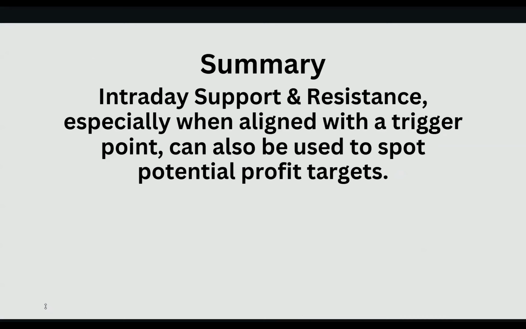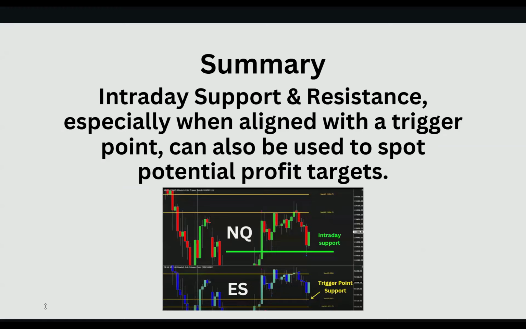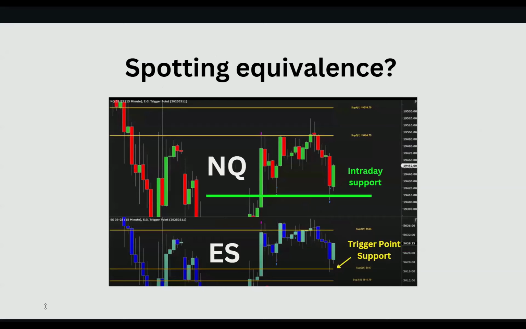So to summarize, intraday support and resistance can also be used for spotting profit targets, especially when they are aligned with a correlated instrument's trigger point. Speaking about spotting equivalent lines, NQ's intraday support is equivalent to ES trigger point support.